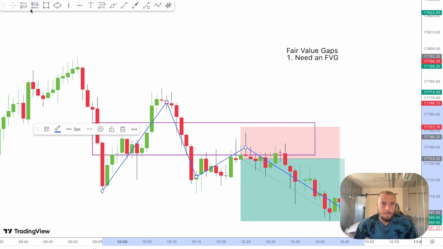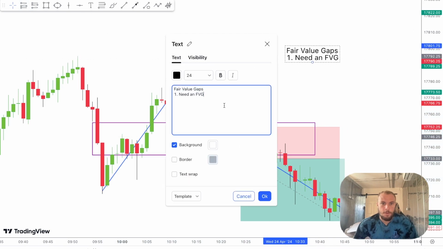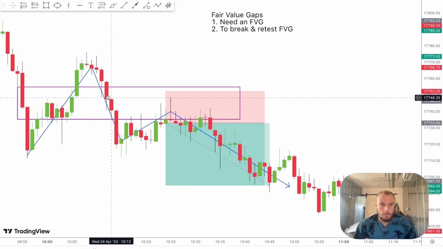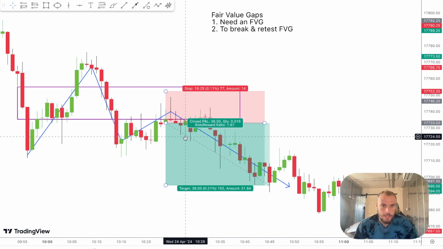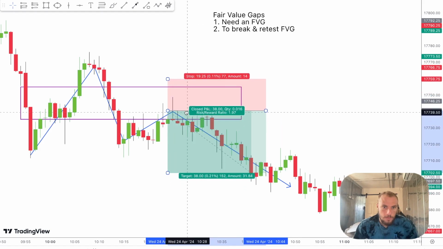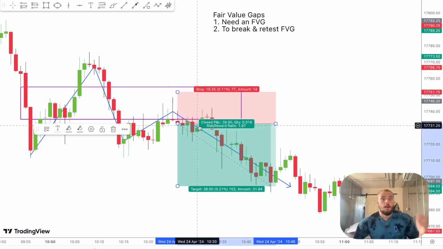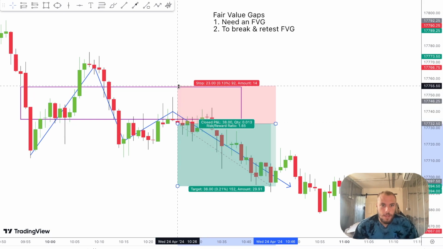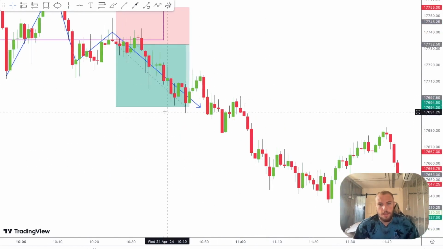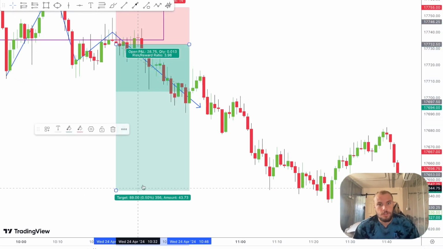Okay, so that means we need a fair value gap. Then number 2 is we need to break and retest FVG. Okay, so as we saw, price came down, it broke our fair value gap, retested. Okay, and you can see right here, it broke back into the fair value gap, and then when it broke back out of the fair value gap, we entered on that breakout, and we would set our stop loss at the top of the FVG and ride that thing as low as you're comfortable with going.